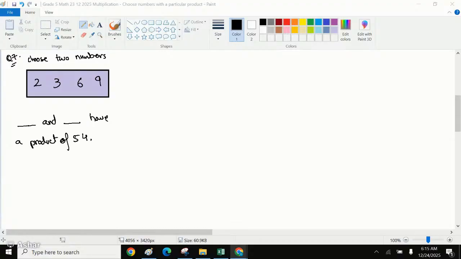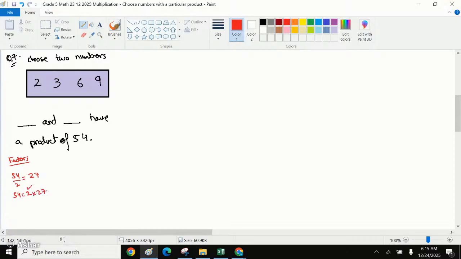How can we find the factors? Which two numbers when multiplied together will give an answer of 54? So what we can do is divide, we need to find the factors. 54 can be divided by 2, right? If 54 is divided by 2, our answer is 27. So can we say 54 is 2 multiplied by 27?